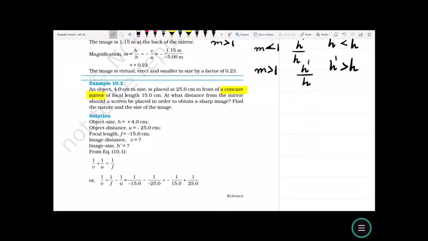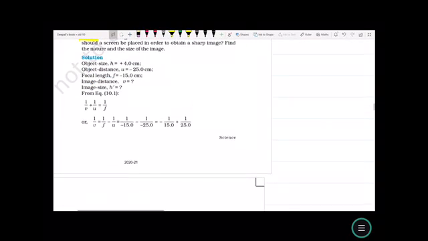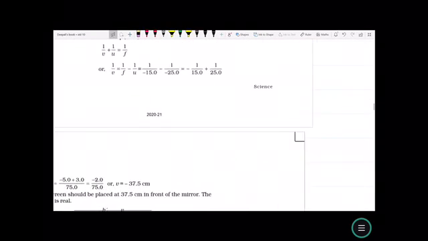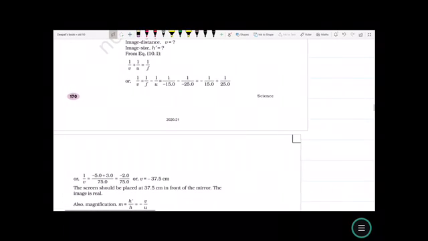Now we are talking about a concave mirror here. So first we take the object height is +4.4, object distance is -25, focal length is -15, image distance we have to find, and image size h prime we have to find.